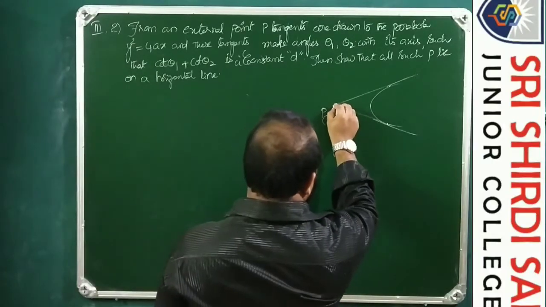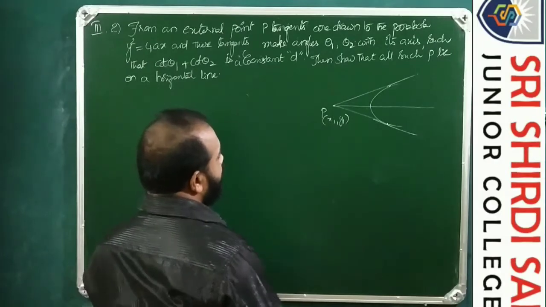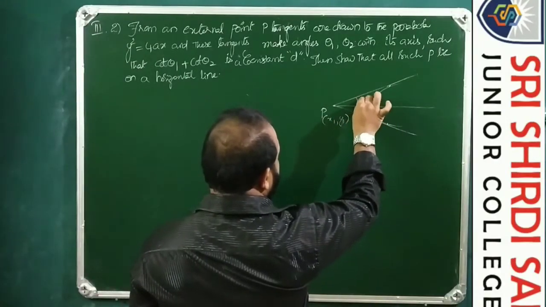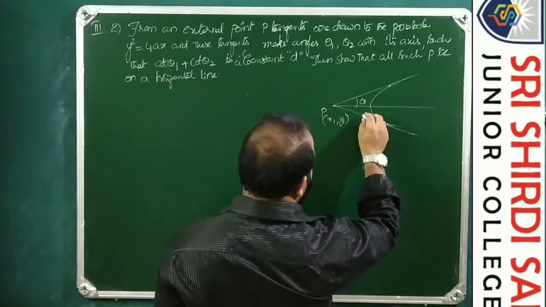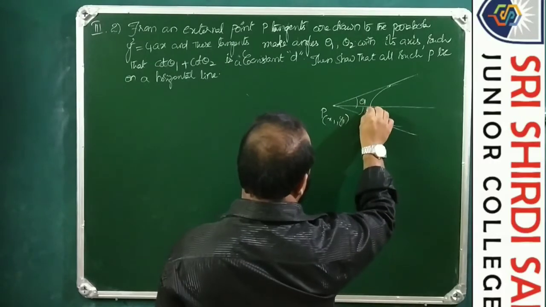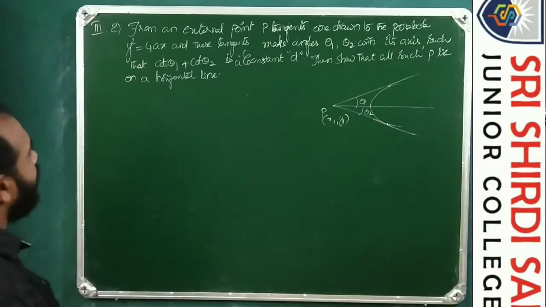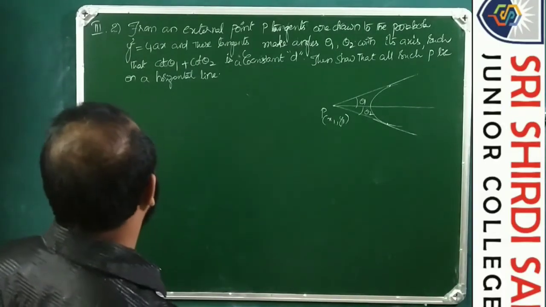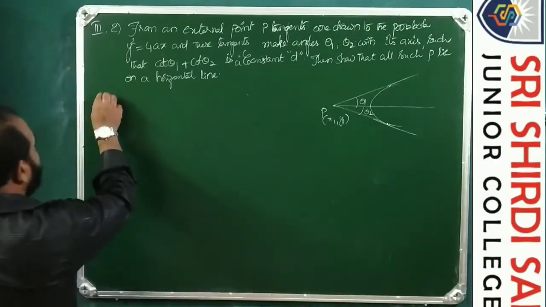This tangent is making an angle theta 1, and this tangent makes an angle theta 2 with its axis such that cot theta 1 plus cot theta 2 is a constant.